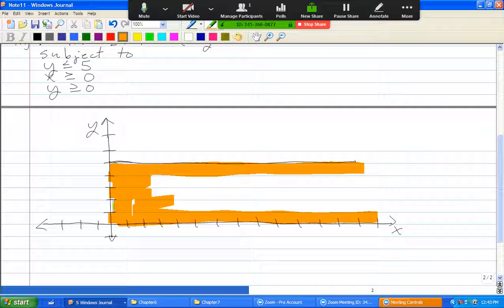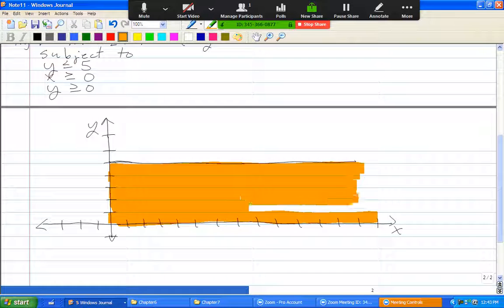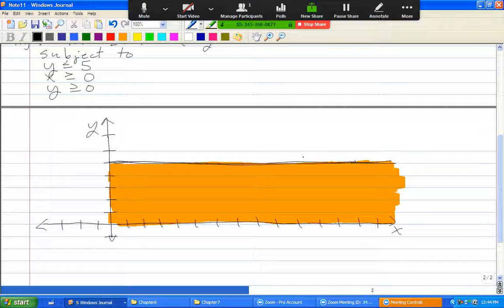X is greater than 0. Y is greater than 0. Okay, so it turns out that the maximum of this has got to occur along the boundary.